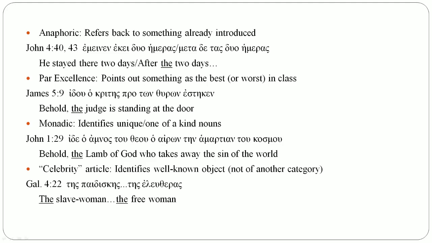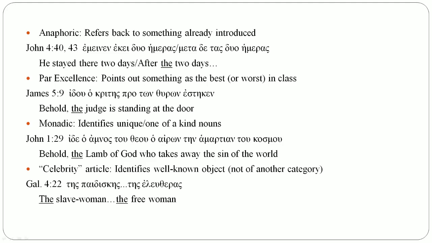Here is a good example in John chapter 4. In John chapter 4, verse 40, it says, "Emenen eke dua hemeras." He stayed there 2 days. Then you go down a few verses, to verse 43, and it says, "Meta de tas dua hemeras." After the 2 days.